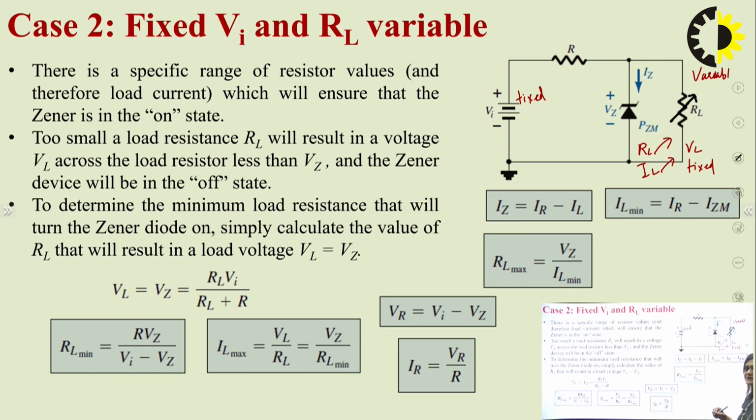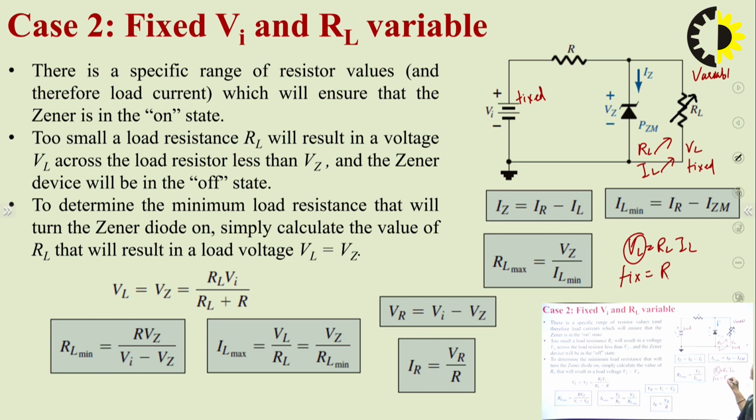Our target is voltage regulation, meaning to maintain a constant voltage across the load. It may be the case that your input voltage is varying, or your load is varying, but you have to maintain the constant voltage across this load RL. So if RL is variable, VL will be fixed, and VL would be equal to RL multiplied by IL, so this amount is fixed.